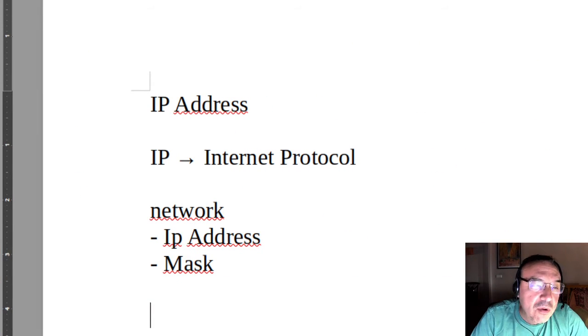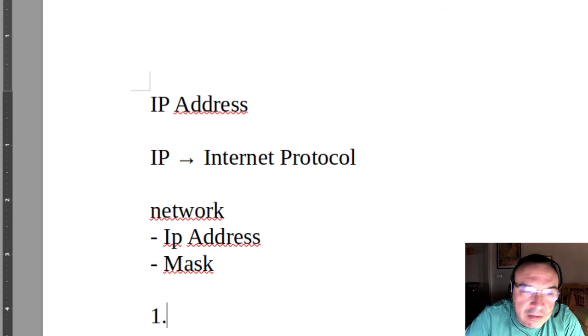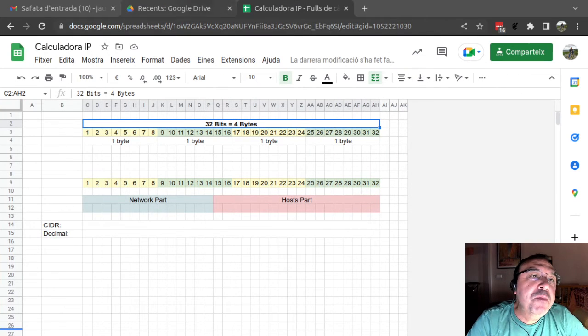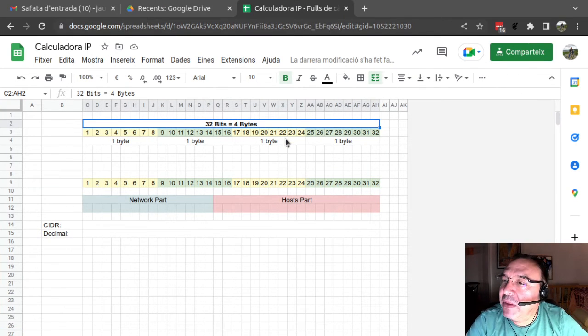So for example, an IP could be 1.1.1.1, 4 different numbers separated by dots. Each of those 4 numbers is 1 byte. So that's our way of expressing that, but the computer just needs the 32 bits of an IP address.